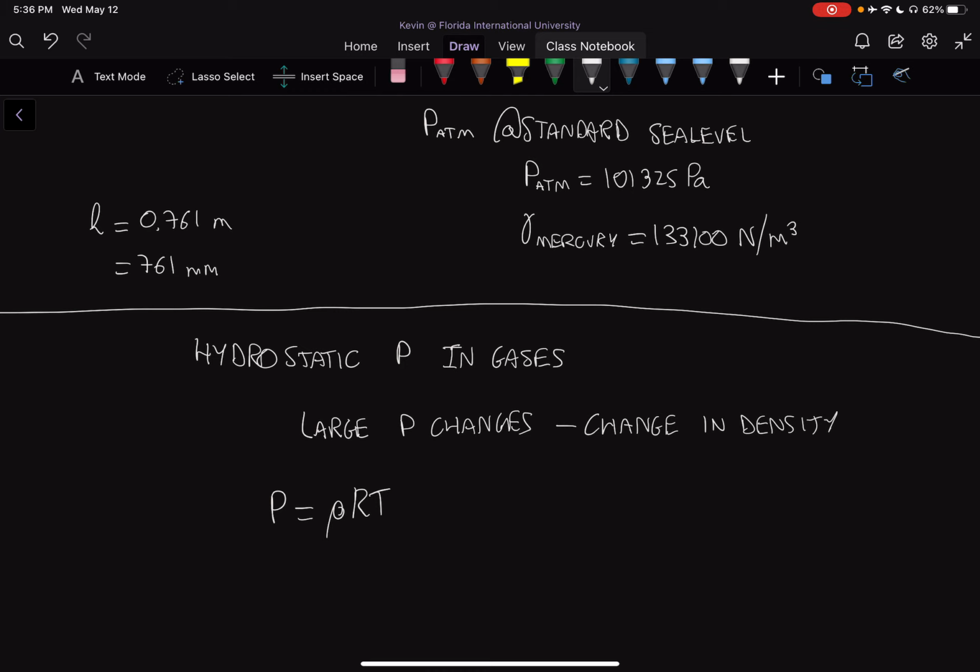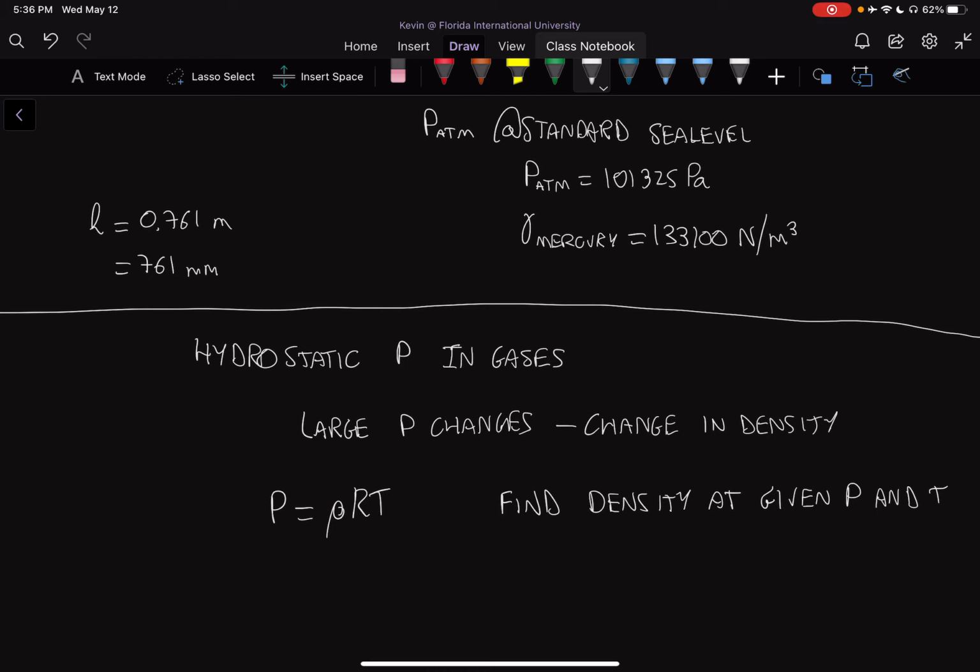So the goal from the ideal gas equation is we can find density. With the ideal gas equation, we can find density at a given pressure and temperature. So if we have a given temperature and pressure, we can find what the density is.